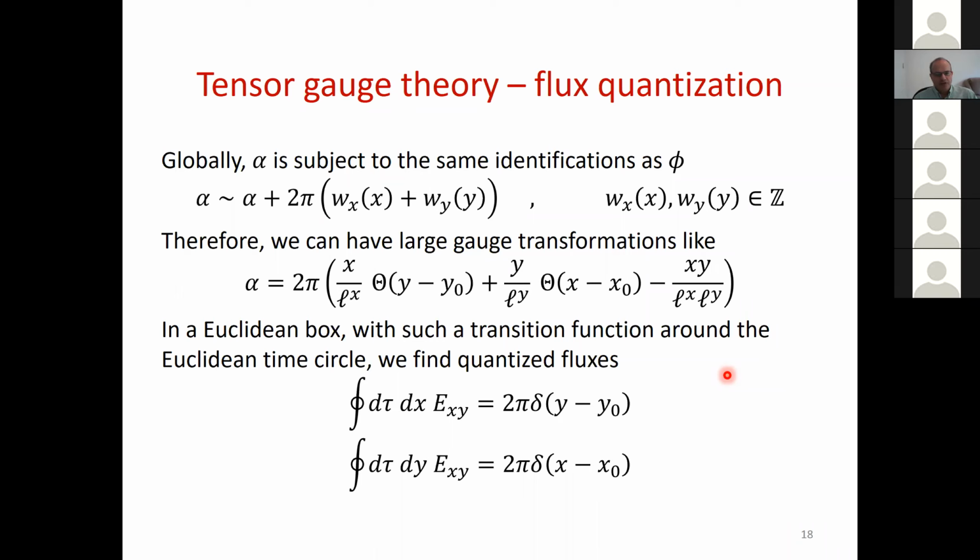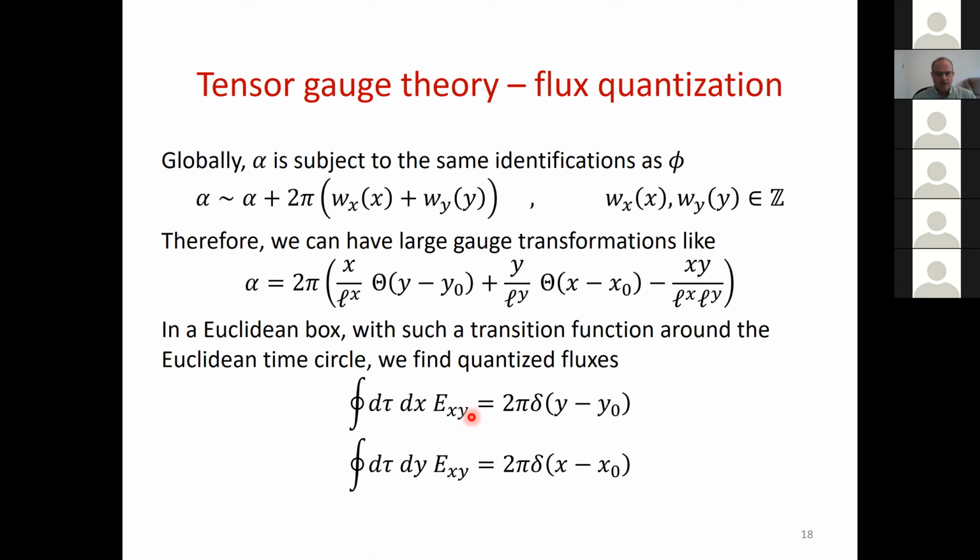So I'm considering the system in a Euclidean box, and there are transition functions around the Euclidean time. So as I go around the time direction, I perform a gauge transformation. There's a transition function, which is this function, the same function I had before. And just by knowing the transition function, we can compute the flux.